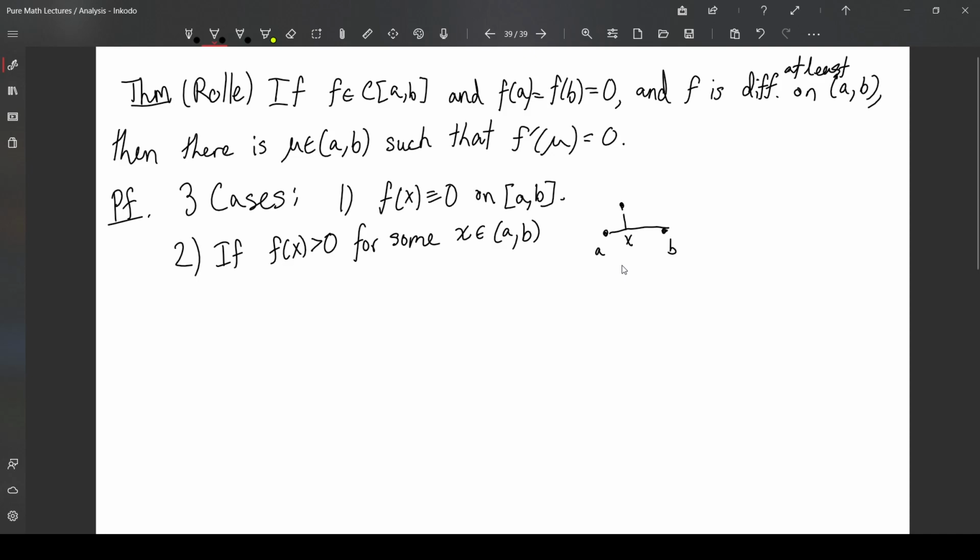And so essentially you have to have a local max on the interior, because at some point you will be increasing and then you have to start decreasing.